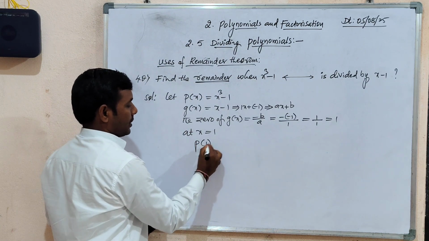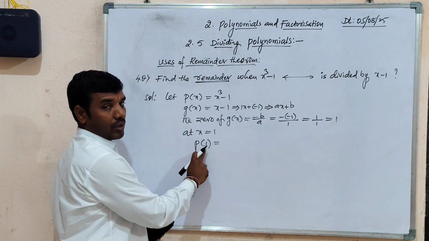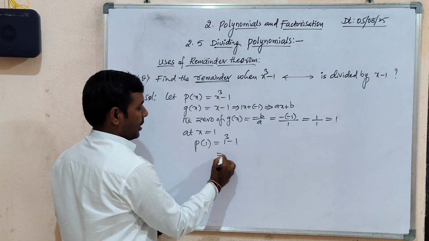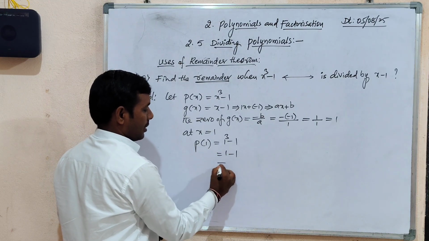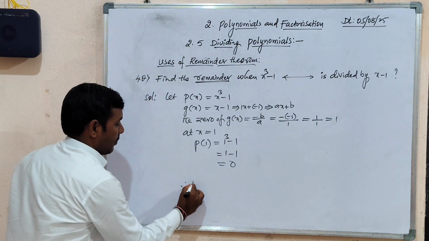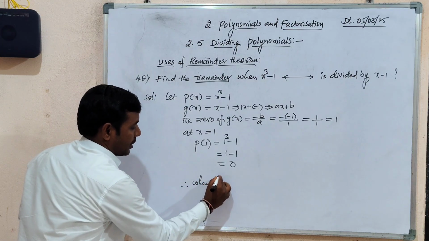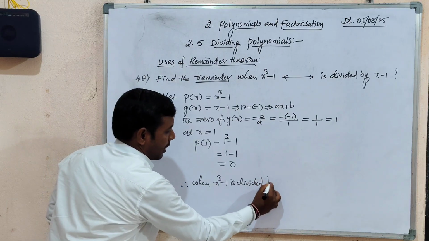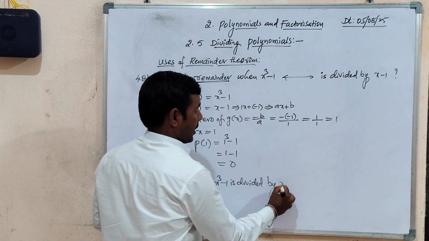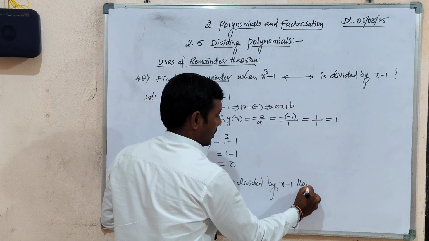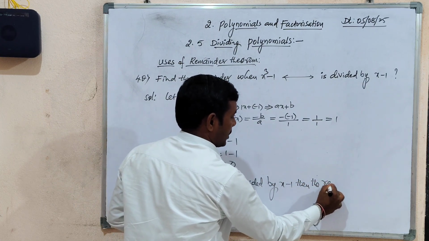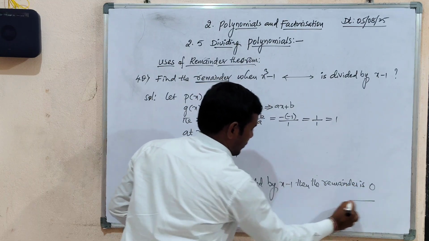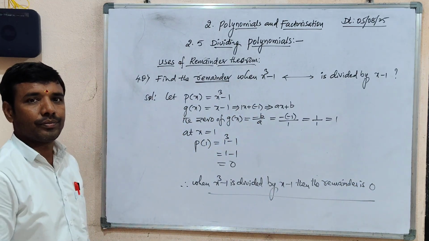Now p of 1 is called the remainder. p of 1 is equal to 1 cube minus 1, that means 1 minus 1, that is 0. It means when x cube minus 1 is divided by x minus 1, then the remainder is 0.